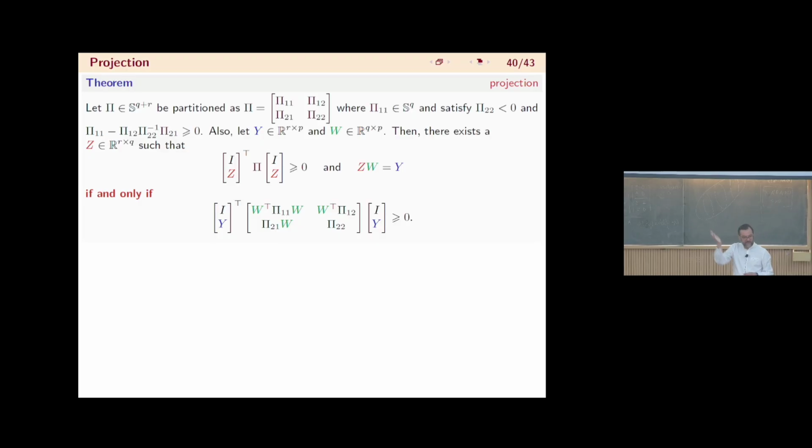It's an affine space, right? It's a plane. It's something like a plane here. So you have an ellipsoid, you cut it with a plane. What does the intersection look like? It's going to look like an ellipse.